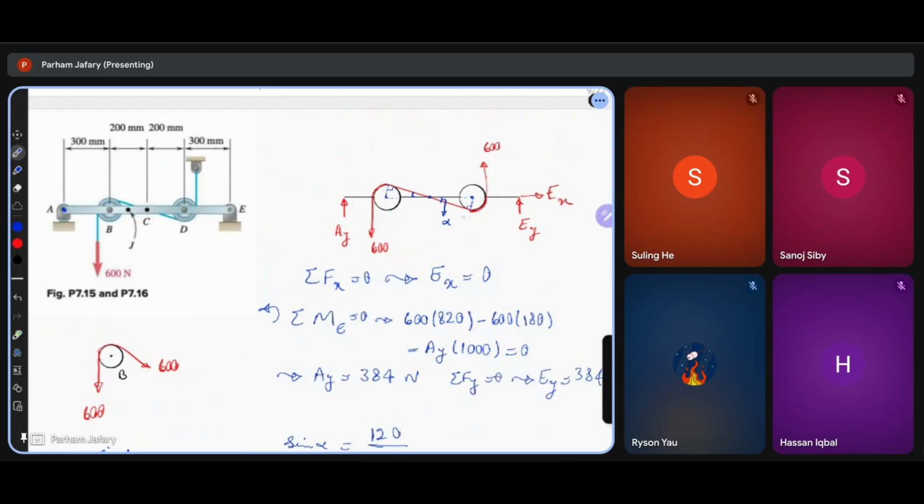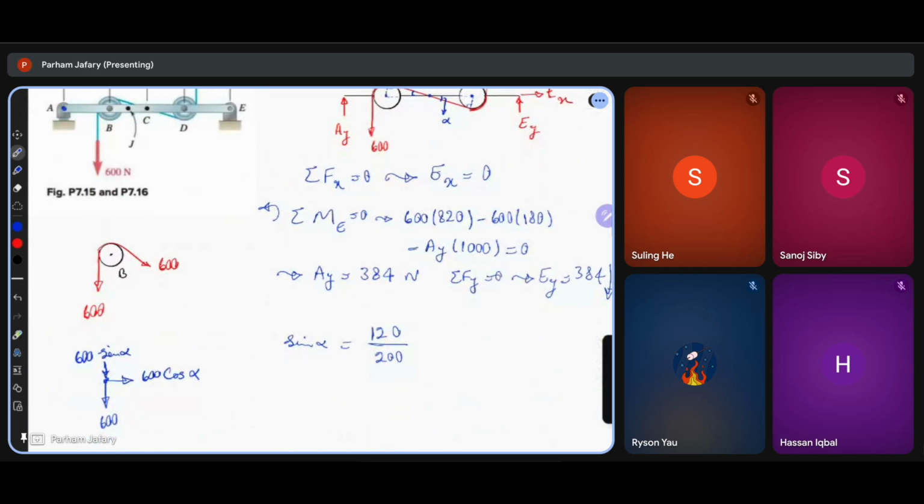Okay? This is equal to 3/5, and therefore we can say that cosine of alpha is 4/5.